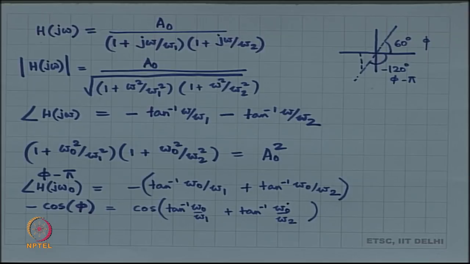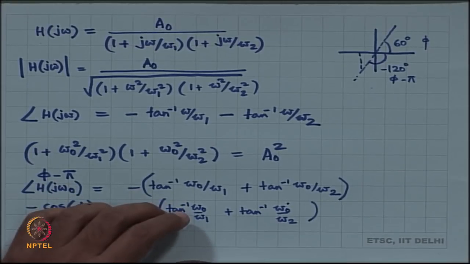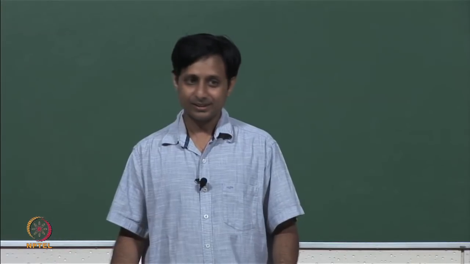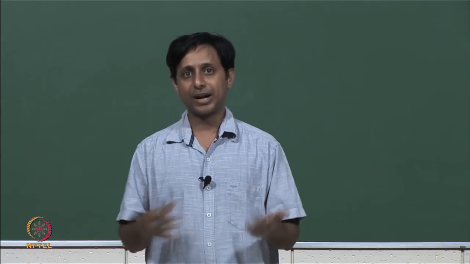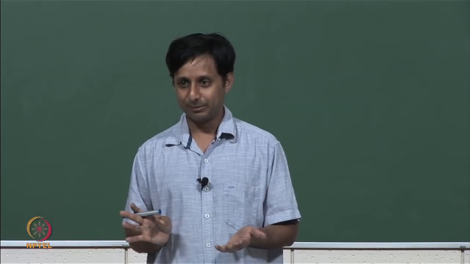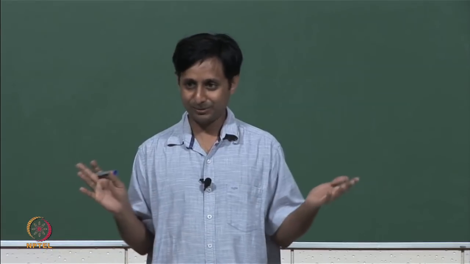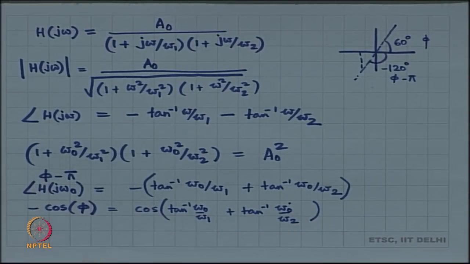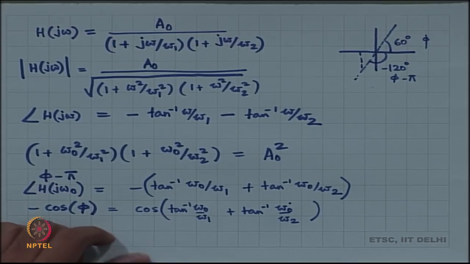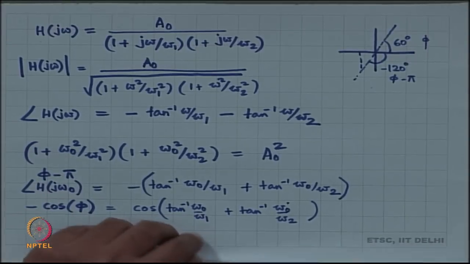Now, look, it has been a long time since I studied trigonometry. I have completely forgotten all my trigonometry. I remember very little. Okay. But I am going to try to do this in a way to help you out. I can't do cos of tan inverse A plus tan inverse B. That is expecting too much from me. Okay. I do not remember this.